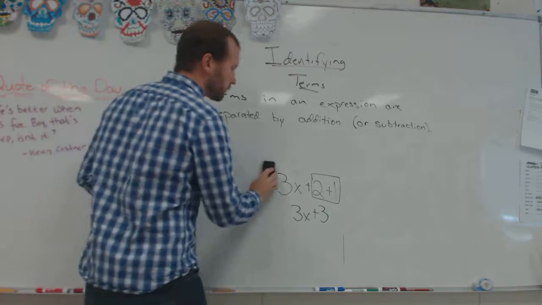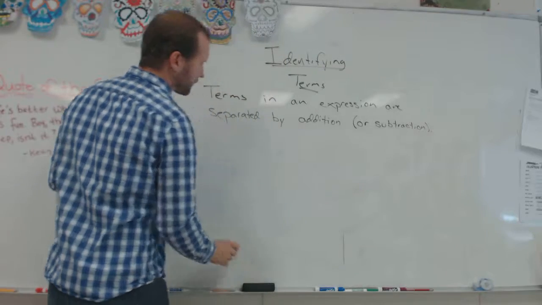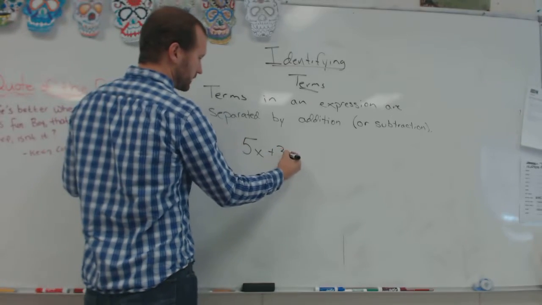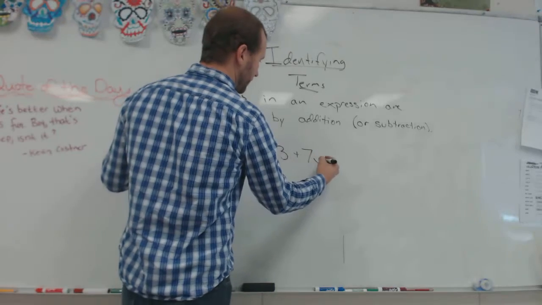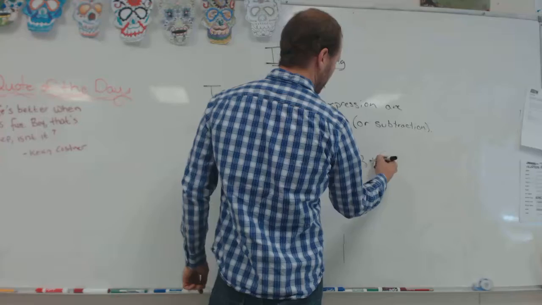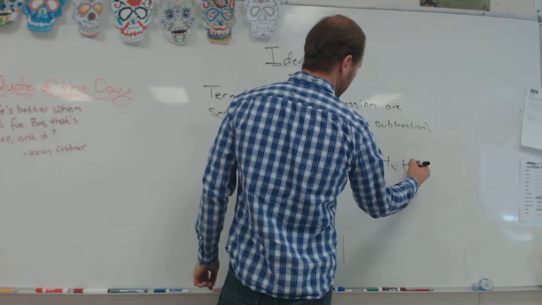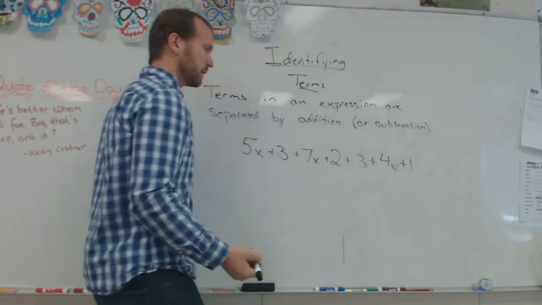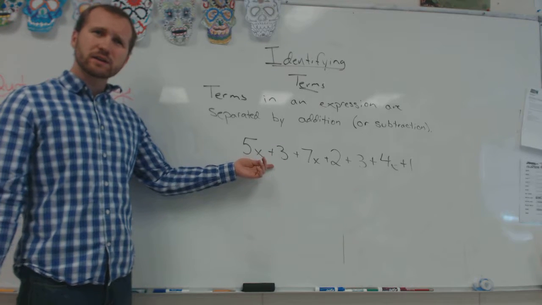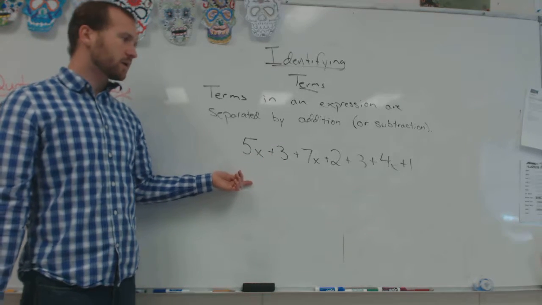So, in other words, if I had a really long expression, 5x plus 3 plus 7x plus 2 plus 3 plus 4x plus 1. Why is it an expression? Because there's no equal sign.